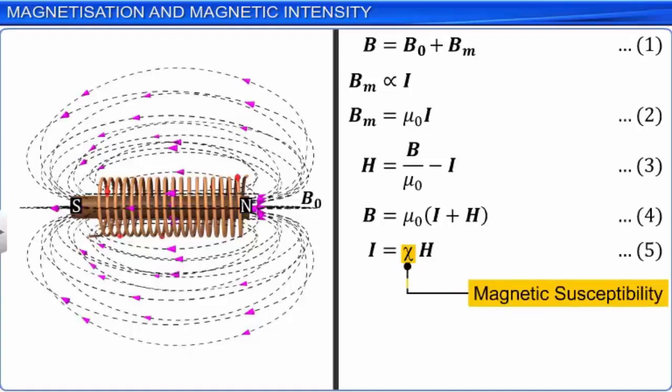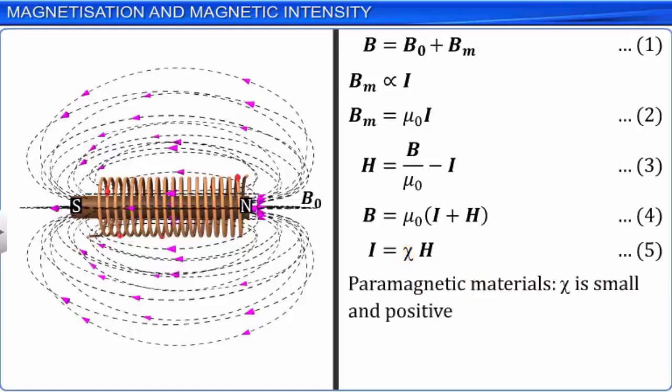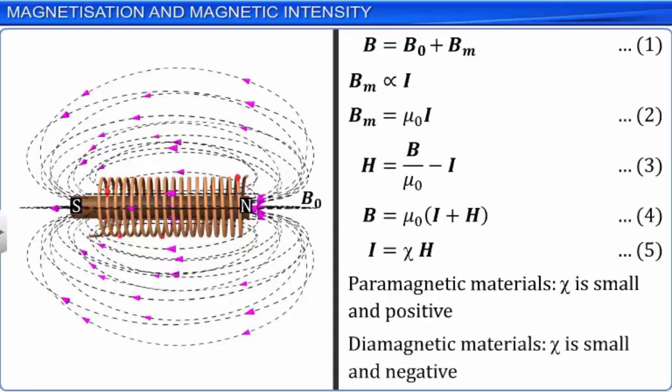Substituting equation 5 in equation 4, we get the total magnetic field inside the material B is equal to mu naught into chi H plus H. That is, B is equal to mu naught into 1 plus chi into H. Let this be equation 6.